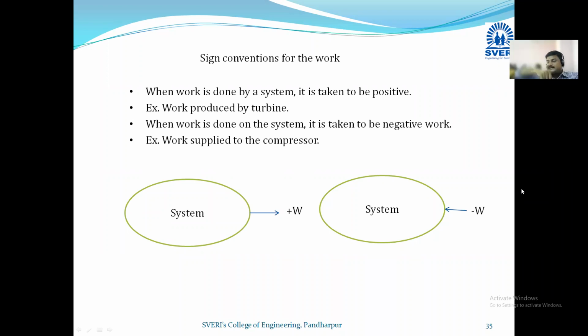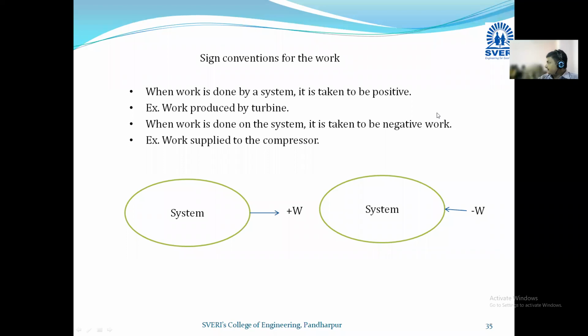And when work is performed on the system, that work you will have to consider as a negative work. म्हणजे तुम्ही एखादं काम करत असाल तर तुम्ही पॉझिटिव्ह वर्क करताय, आणि तुमच्यावर काम केलं जात असेल तर तुम्ही निगेटिव्ह वर्क करताय. ओके, सो दॅट साइन कन्व्हेन्शन वी आर गोइंग टू फॉलो इन लर्निंग ऑफ नेक्स्ट मेनी कन्सेप्ट.